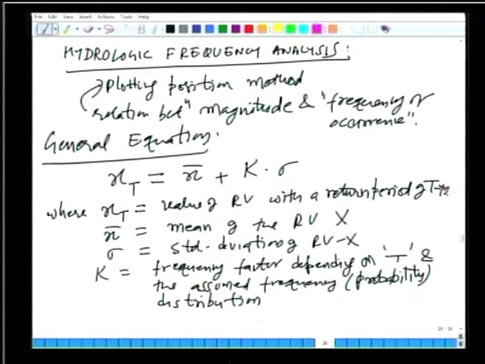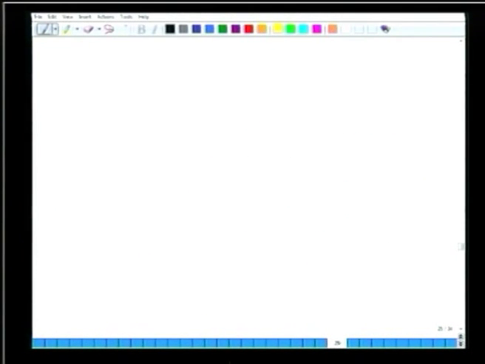So, K, as we said, is the frequency factor that depends upon T and the assumed probability distribution. Let us look at a few probability distributions which are very popular in hydrology. The first one of them is what is called the Gumbel's distribution.